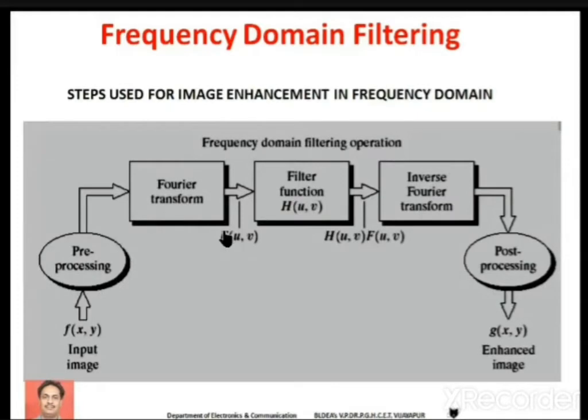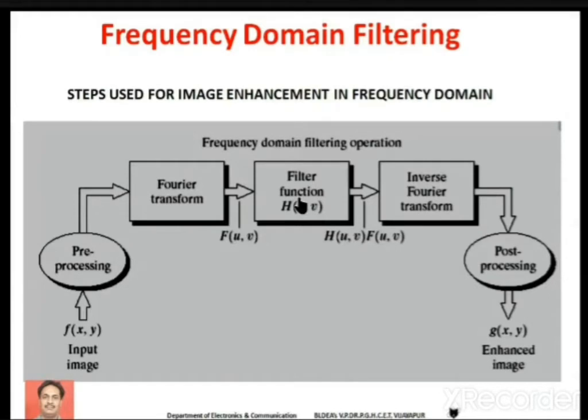Next, we use particular filters in the frequency domain. These filters can be represented by their transfer functions. Here we have the filter function, written as H of u comma v, which represents the transfer function of the filter.